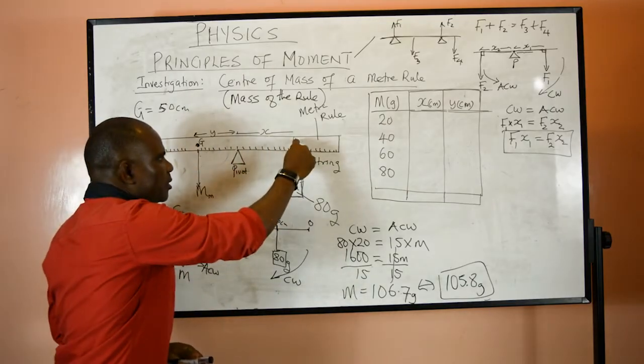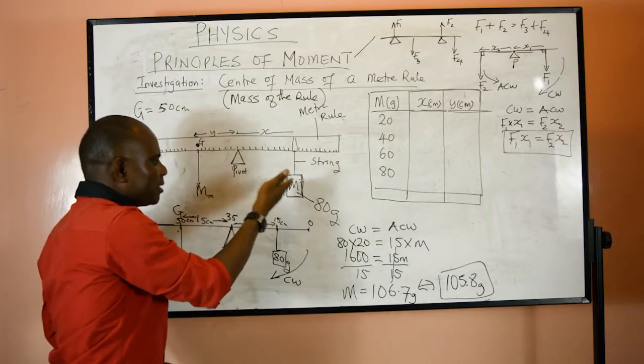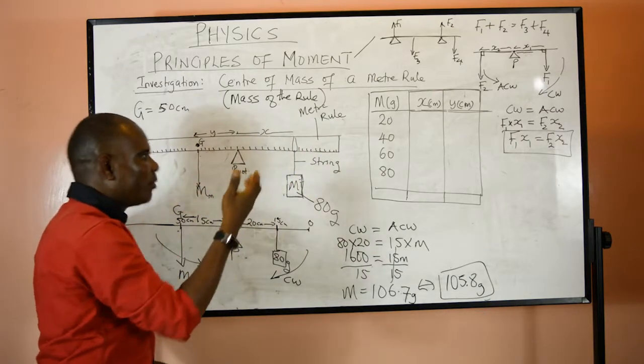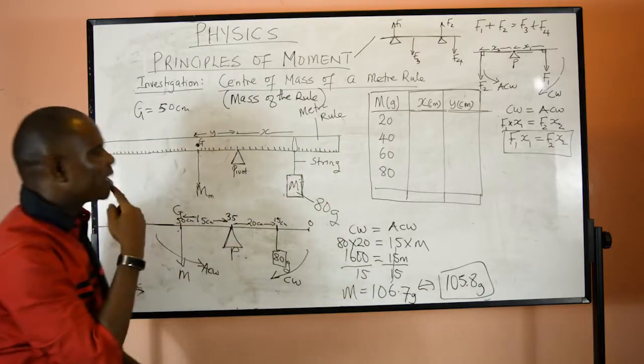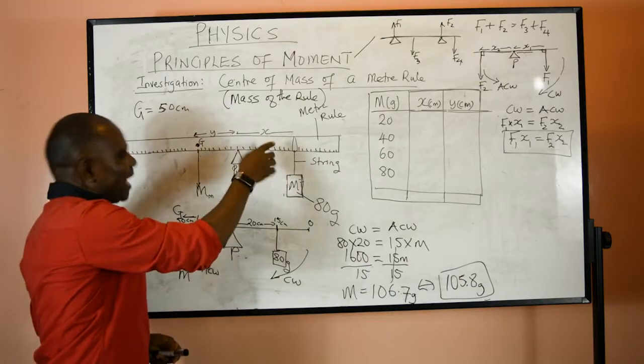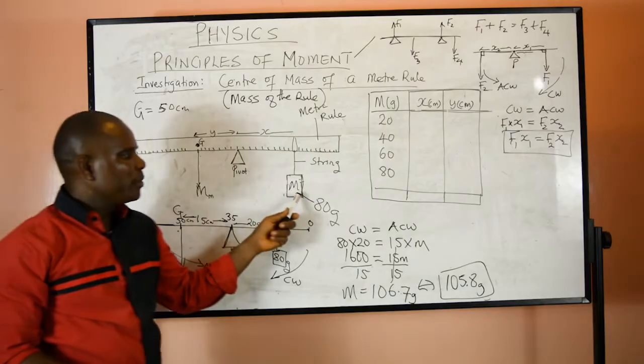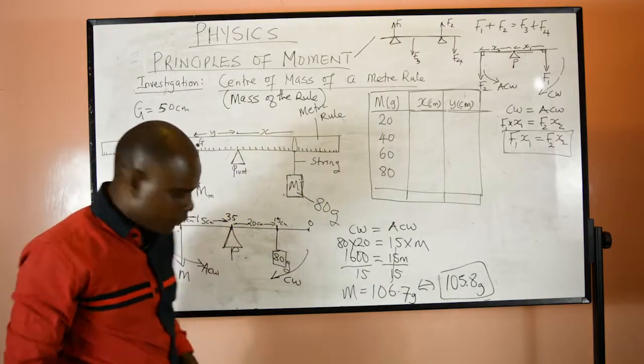I'm going to fix this string at 15 centimeter like I did initially. Now I'll change the masses. I'll begin to increase the masses, and then I will find the balance point. I want to see what the relationship is between this x and the mass that I'm going to be varying. So watch out for this.